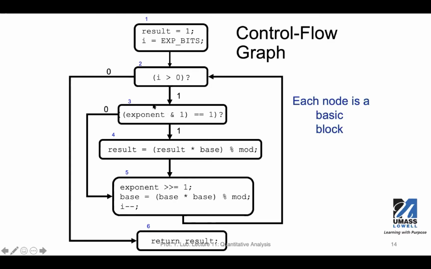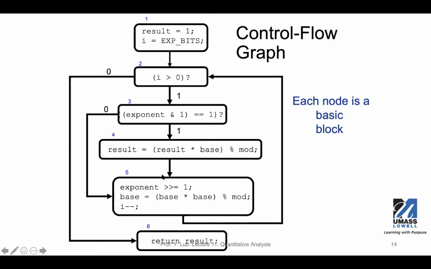So the next basic block is this: exponent and 1 equals to 1. This is another condition, the if statement, which will check this condition. If that's true, then this line of code is going to be executed.